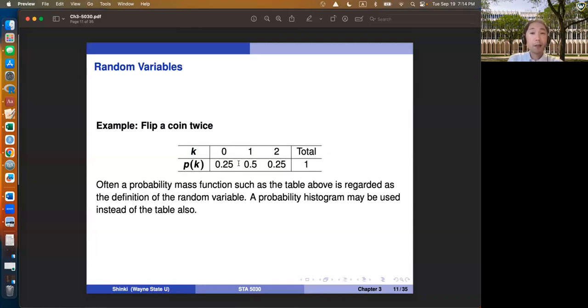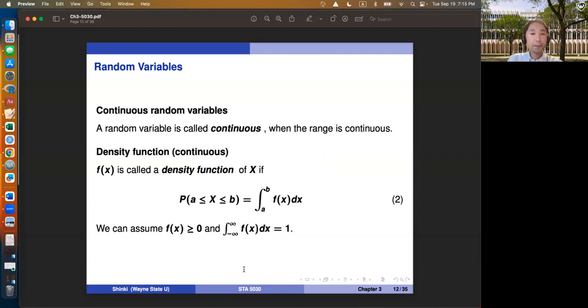The probability is 0.25 because only the single event TT results in K equal to 0. K equal to 1 has probability 0.5 because TH and HT become this event, and for 2, only HH becomes this event. So the probabilities are these. The point is that not all K's have the same probability, so we need this kind of table to describe the probability distribution.